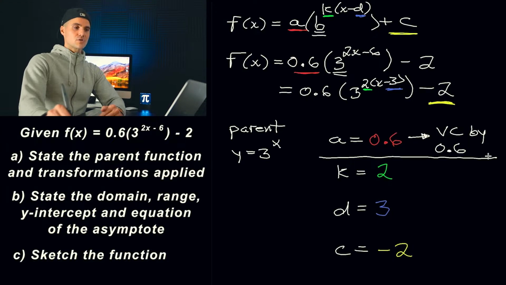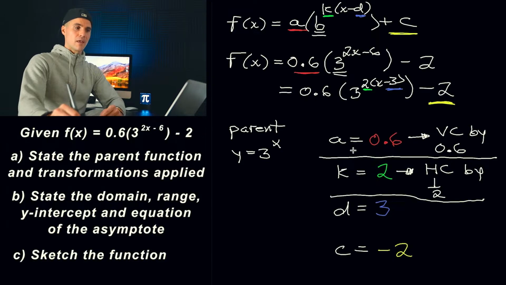Now the k value of 2, what does that mean? Well, that's going to be a horizontal compression by 1 over 2. Remember, the k value you always flip when you are describing the transformation from the k value. Notice the a value, the k value, they're not negative. Neither of them are negative, so there's no reflections in either of the axes in this particular question.